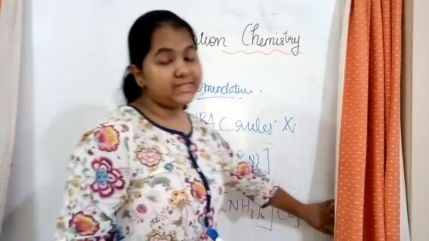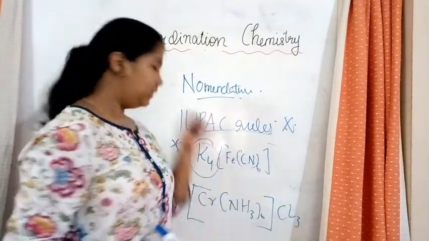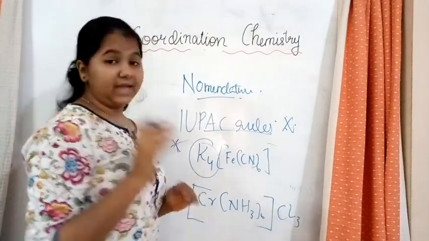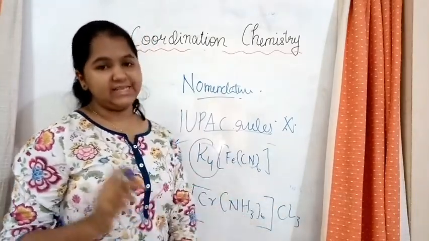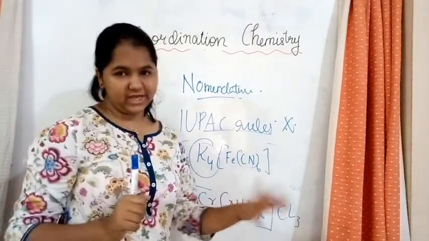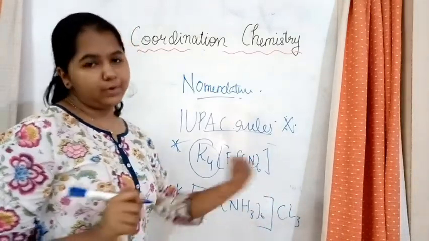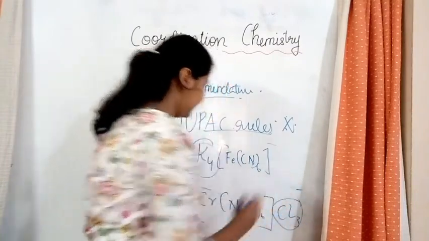It is coming towards the right hand side. I told you that K4 is positive and Cl3 is negative. Whatever comes first is mentioned first. So over here, the coordination entity comes first, so you will mention the coordination entity. So this is negative and this is positive.